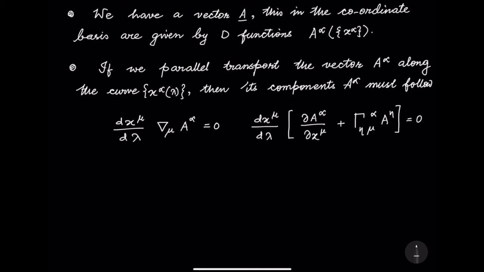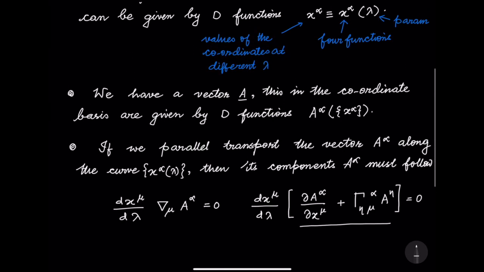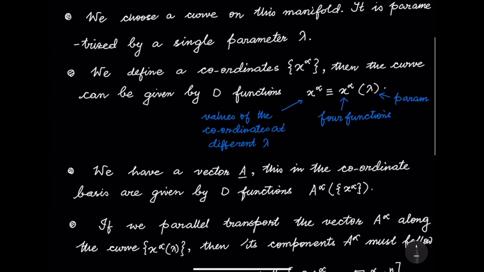So remember that nabla u is essentially a short form of what we have used here. Now, this is the definition of the covariant derivative, essentially what we have talked about so far.